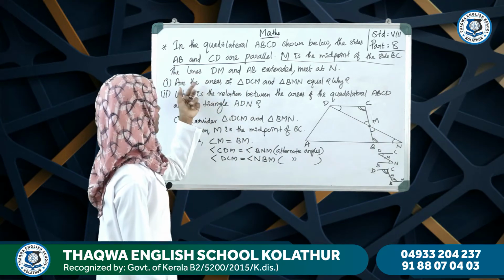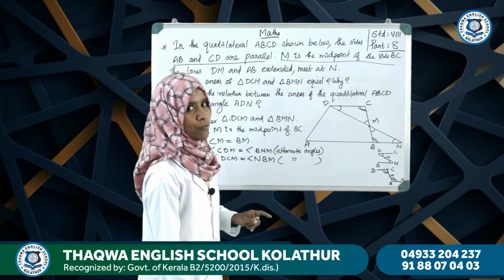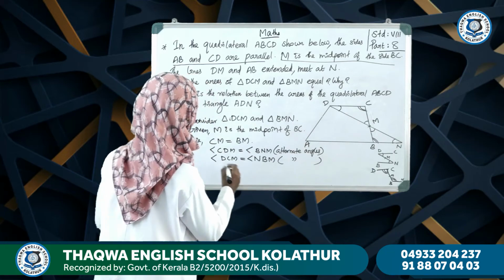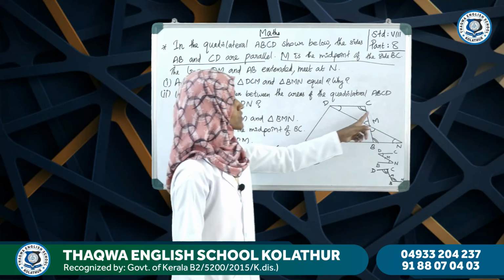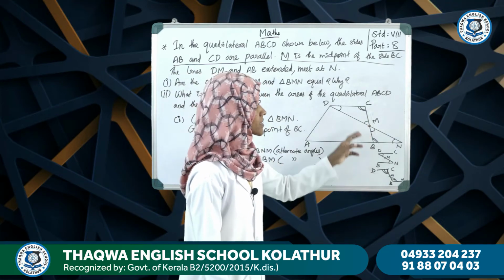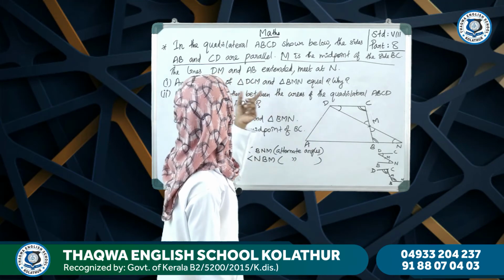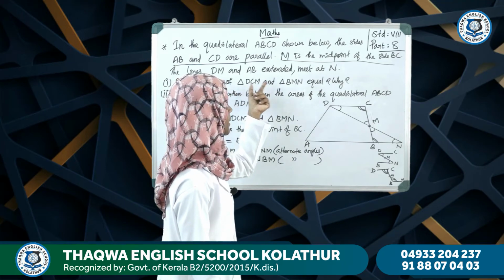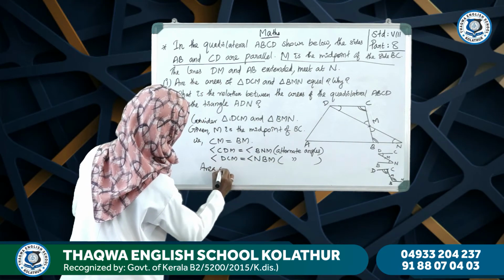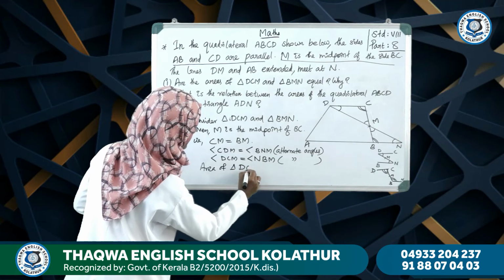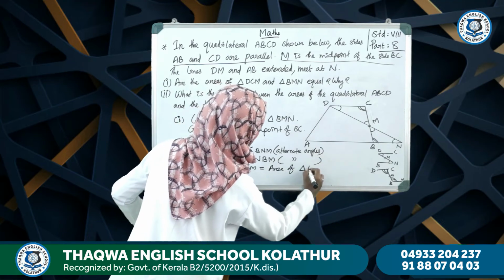Okay, our question is, are the areas of triangle DCM and triangle BMN equal? Why? So now we got CM equals BM and the angles at the ends of these two sides are equal. That is, the other two sides are also equal and the angles are equal. That is, the area of triangle DCM equals the area of triangle BMN.